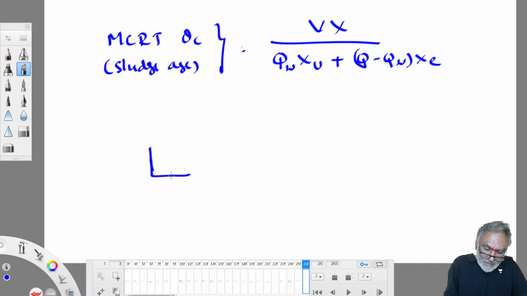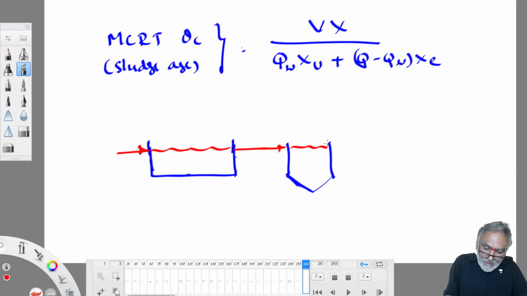This is the aeration tank followed by the secondary clarifier. In the aeration tank we supply the wastewater, passing through the aeration tank, then it is put into the secondary clarifier.